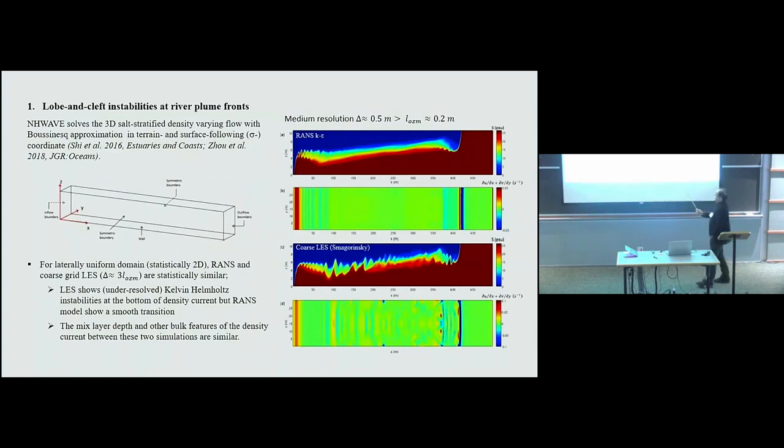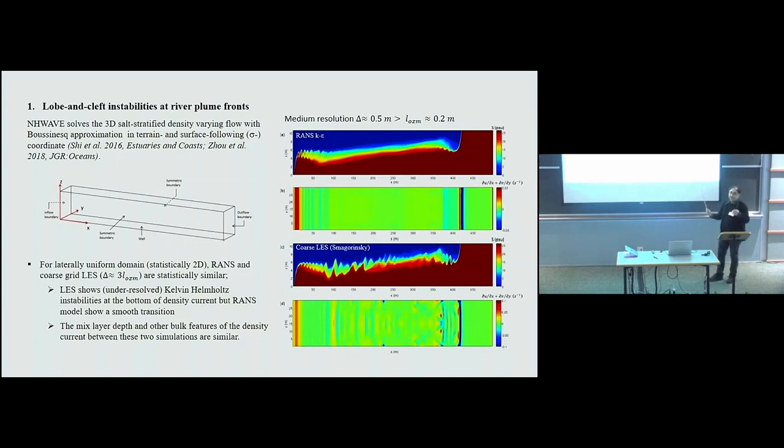NHWAVE solves the three-dimensional stratified, density varying flow with the Boussinesq approximation in the terrain and surface following sigma coordinate system. If you're familiar with a similar model like SUNTANS or ROMS, it is pretty similar, but usually those are designed to run based on the Reynolds average formulation. Here we specifically designed NHWAVE to be an eddy resolving coastal model.